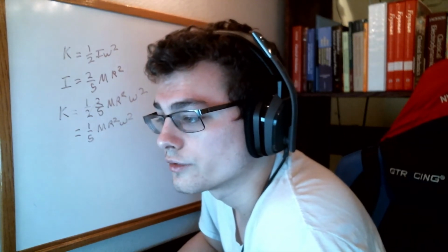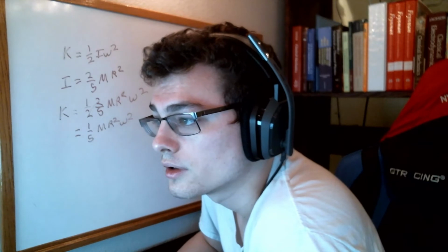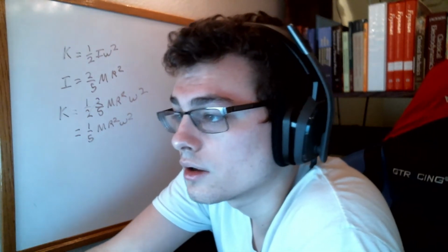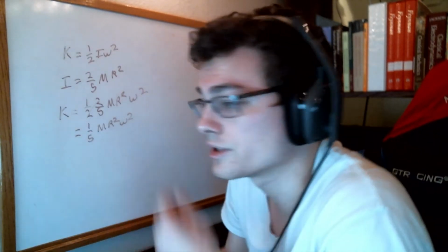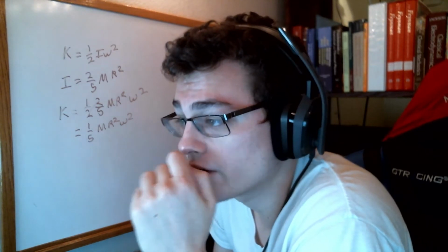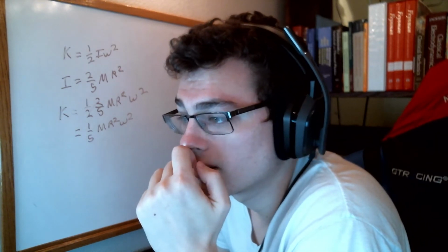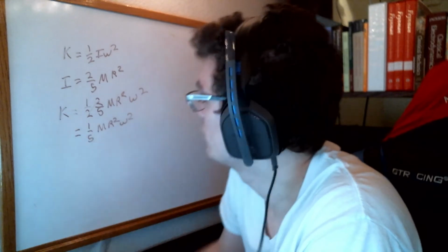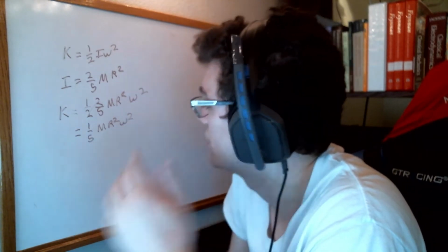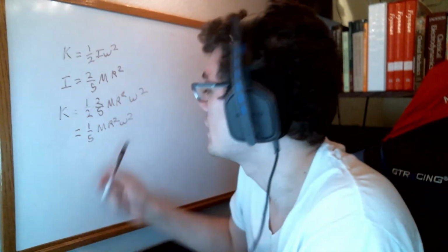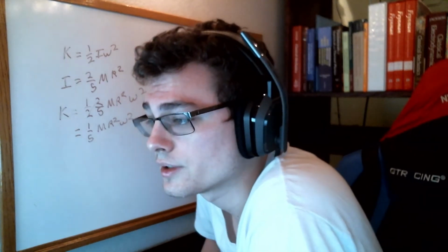And so from there, we have what the mass of the Earth is, and we have what the radius of the Earth is. So now we just have to figure out what omega is.